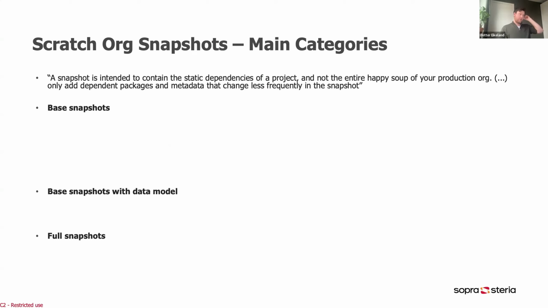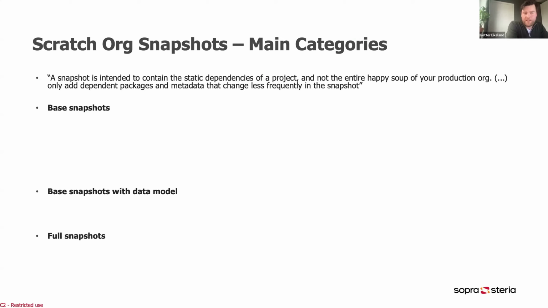So a very important note here, because this depends on whether you have started to modularize your code base or you have started to get control over your dependencies. This is a quote from the documentation of the Scratch Org Snapshots, in that a snapshot is intended to contain only the static dependencies and not the entire configuration of your org.